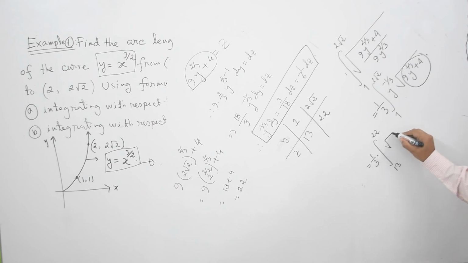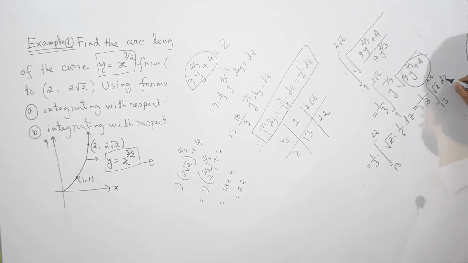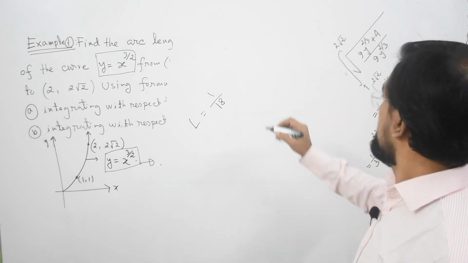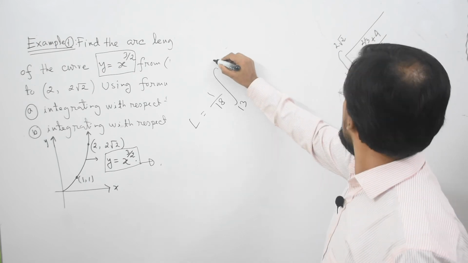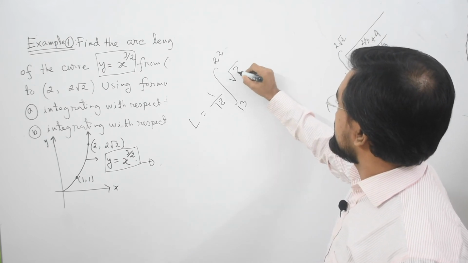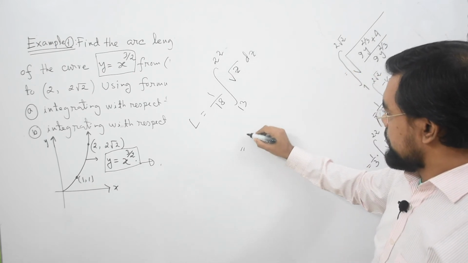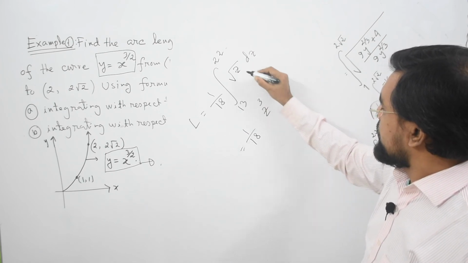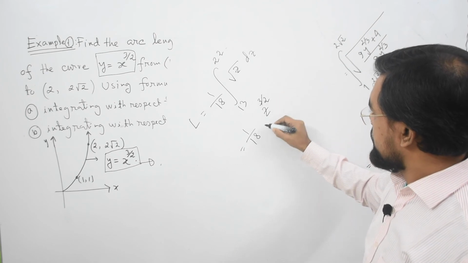So root z, 1 by 6 dz, which is equal 1 by 18, the integral from 13 to 22 of root z dz, which is equal 1 by 18, z to the power half plus 1, 3 by 2.